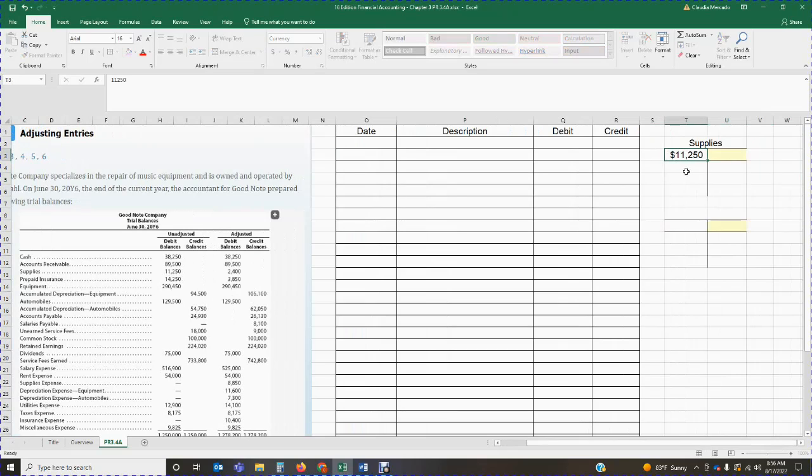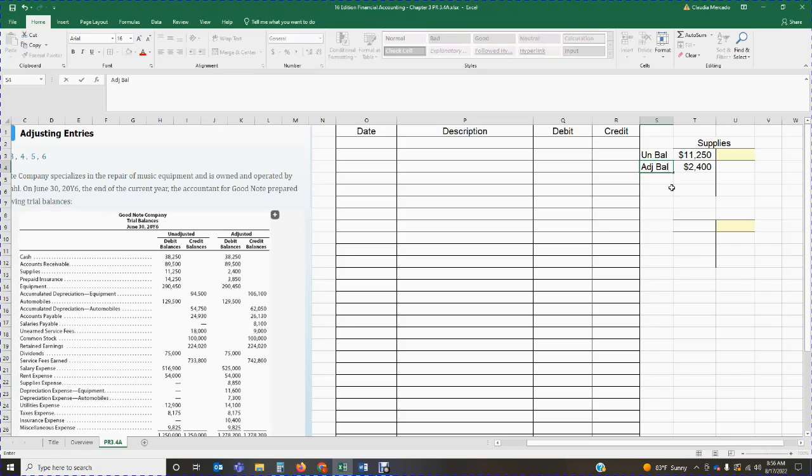Supplies is an asset. The normal balance is a debit. So this is my unadjusted balance, 11,250. Now my adjusted balance is 2,400. That's my ending balance. That's my adjusted balance.